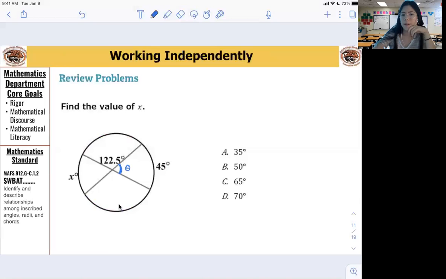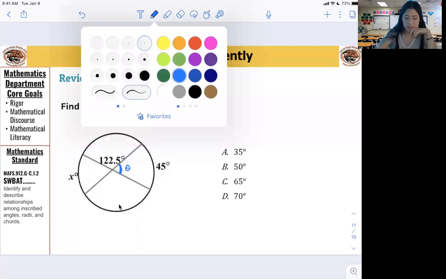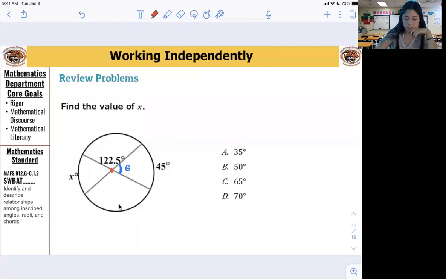It's not 45, because is this the center of the circle? No, it isn't. So is that a central angle? No. So what's another way to get this measurement? Good, Janelle's.